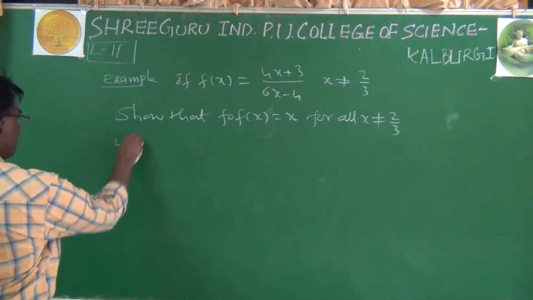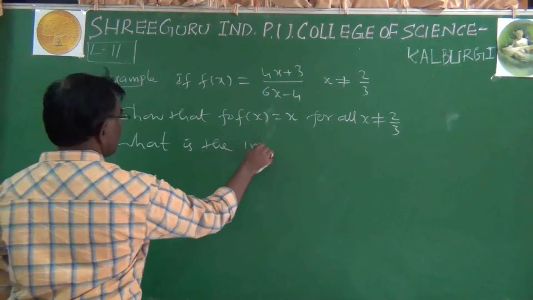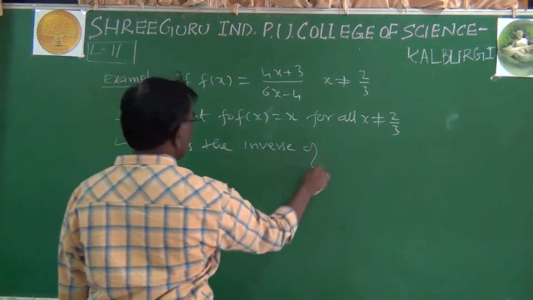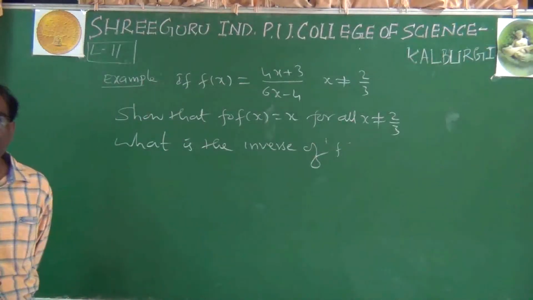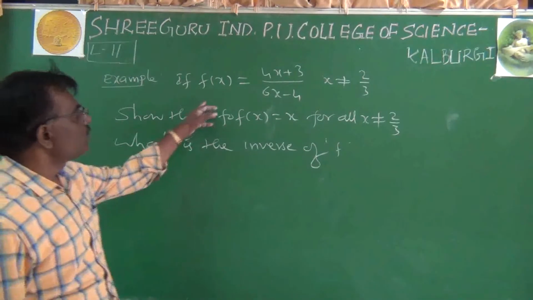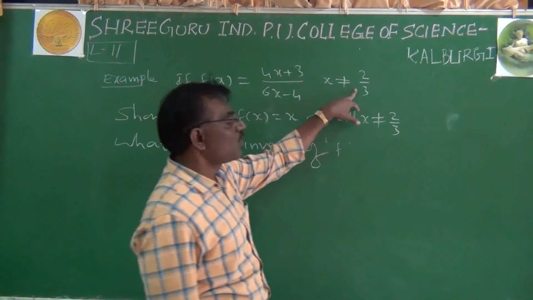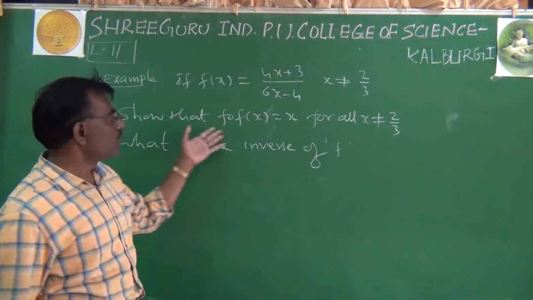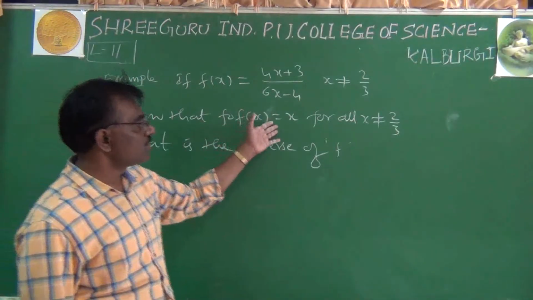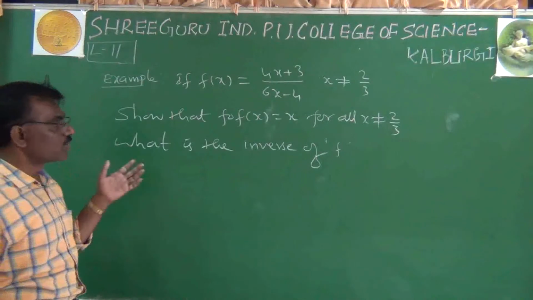What is the inverse of f? If x is 2 by 3, the function is not defined. So f composition f of x is x for all x not equal to 2 by 3. What is the inverse of f?